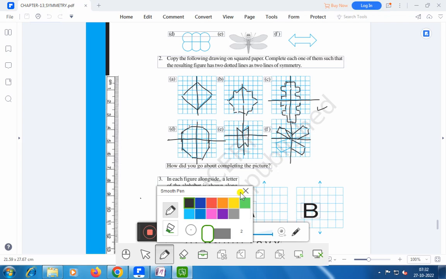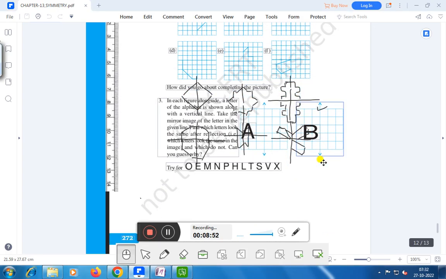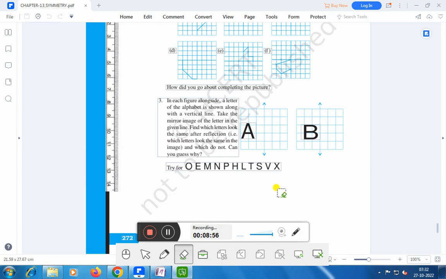Now question number 3. What is question number 3? You see, question number 3 is: in each figure, alongside, a letter of the alphabet is shown along with a vertical line.